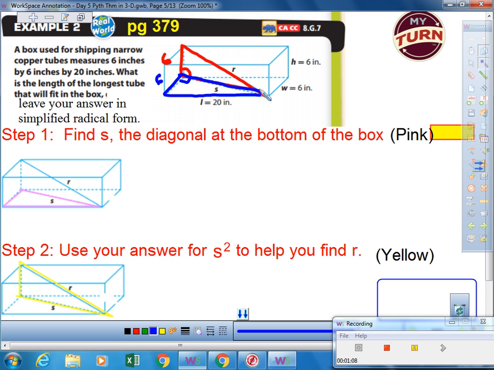And then I can find that. So I'm going to find S. And then once I find S, I substitute it into the next one, and I use it to help me find R. Okay, so we got two problems. But the first problem's kind of cut short, and then you just substitute it in.